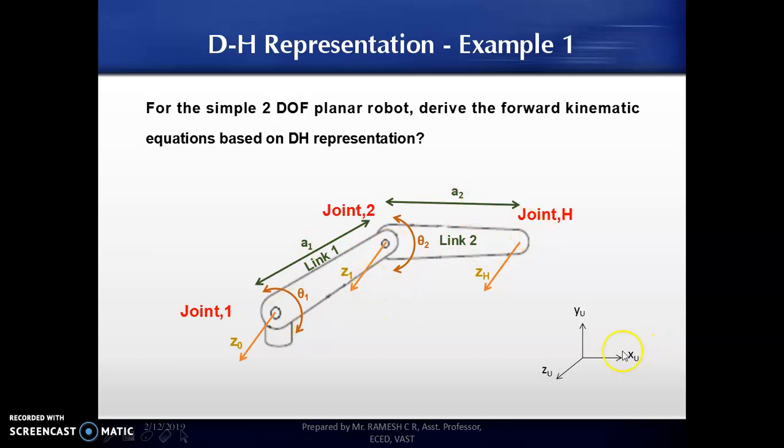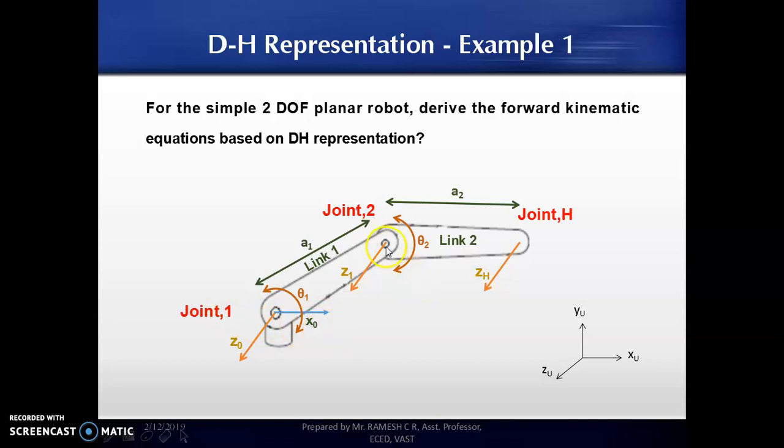Now coming to the x-axis, when I consider joint 1 alone, you can see that this joint is fixed to the ground surface or the universal reference frame. So the x-axis will be in this direction. I am assigning the x-axis corresponding to joint 1 as x0.